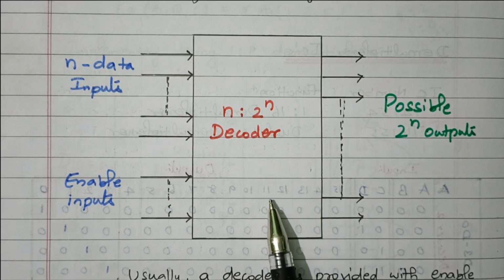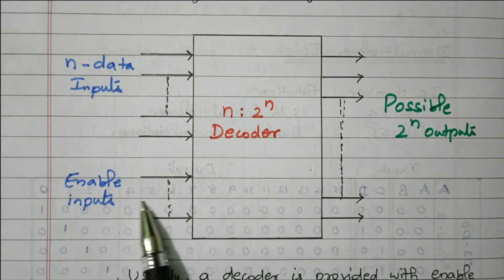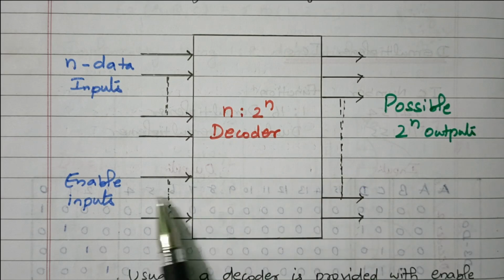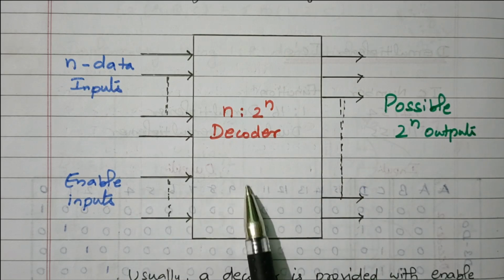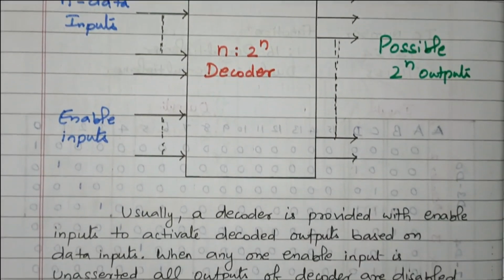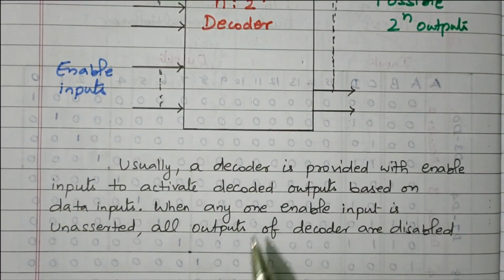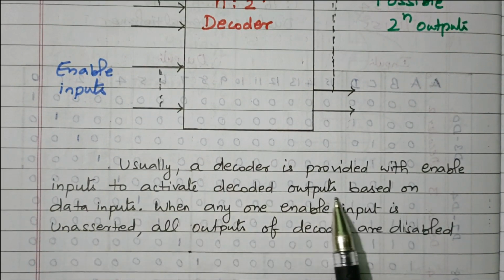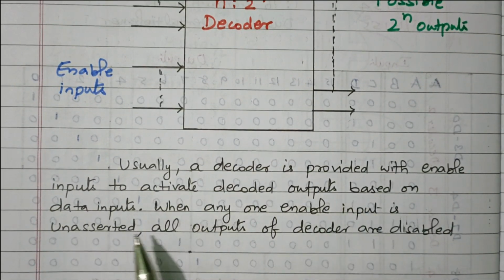In order to enable or disable the decoder, an enable input is available. If the enable input is given, then only the decoder will produce the output. If the enable input is 0, the decoder is disabled. Usually a decoder is provided with an enable input to activate the decoded output based on the data inputs.